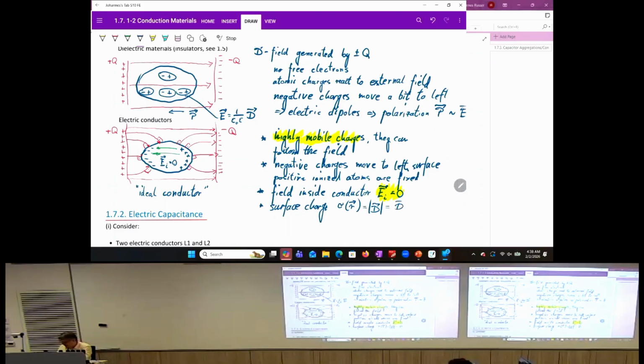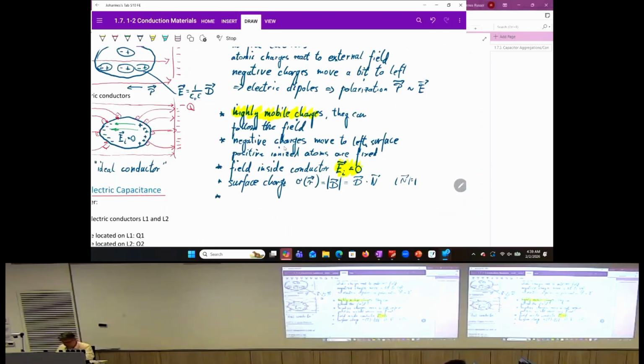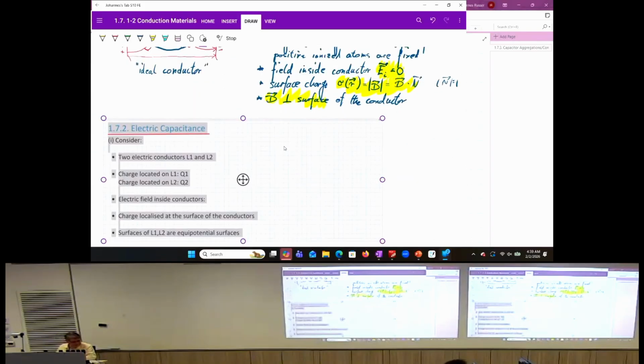So you have a normal vector here, and the absolute value of the normal vector is 1. And the D field is always perpendicular to the surface of the conductor. This phenomenon is then called electrostatic induction.